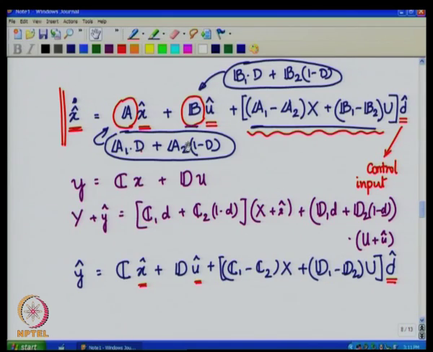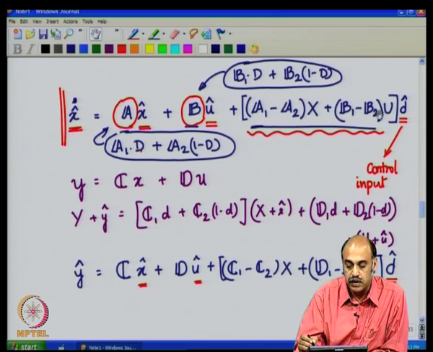So, A and B contain only constant values for a given operating point, and then A1 minus A2 into the steady state value of the state vector. In this case, A1 and A2 are same, therefore they cancel and become 0. B1 minus B2 into the steady state value of input u into D hat.